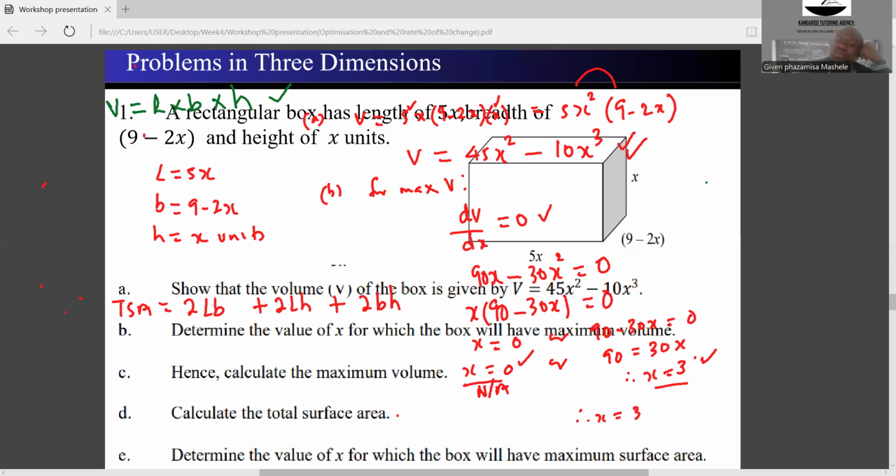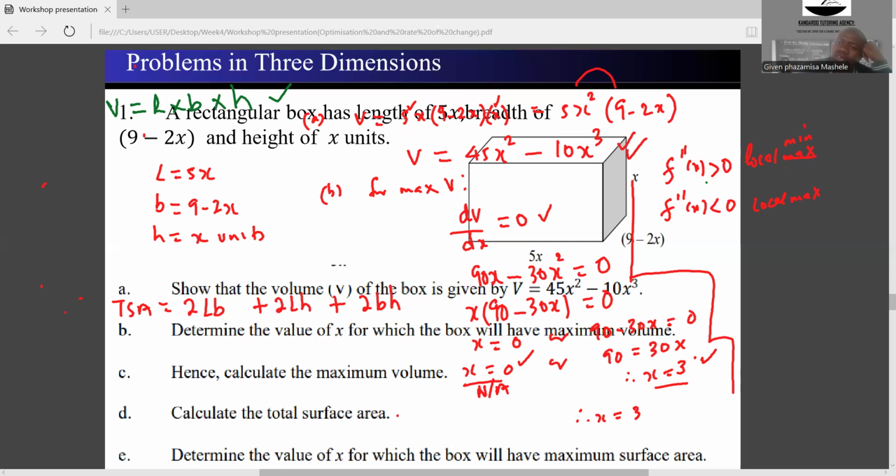Another way will be to use what you call the second derivative test, because we know if the second derivative is bigger than 0, that's where we have the local maximum point. But if the second derivative is less than 0, then that's where we have a local minimum. No. This one is local minimum, and this one is local maximum.